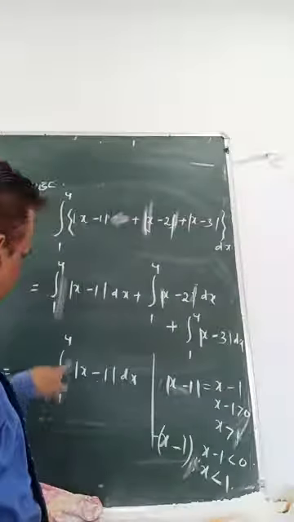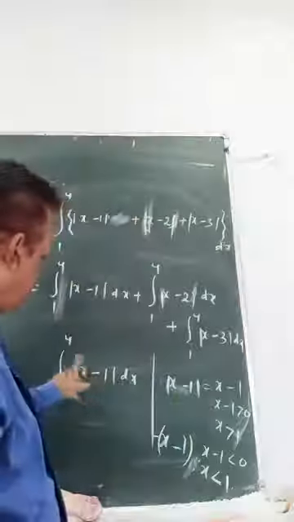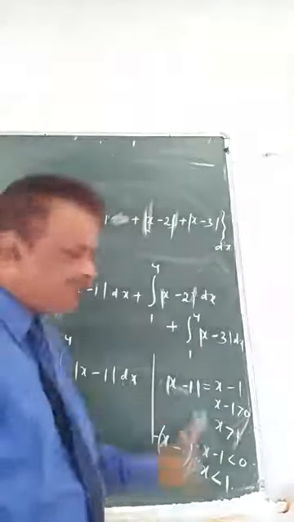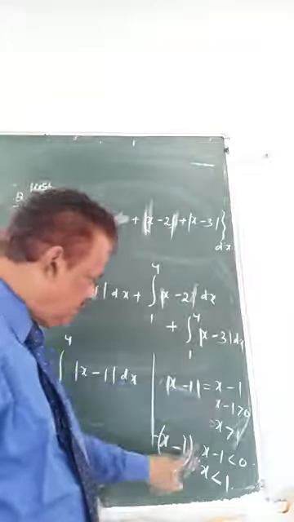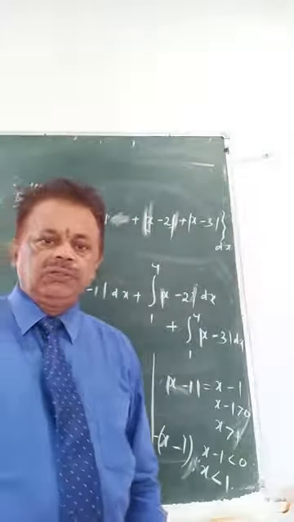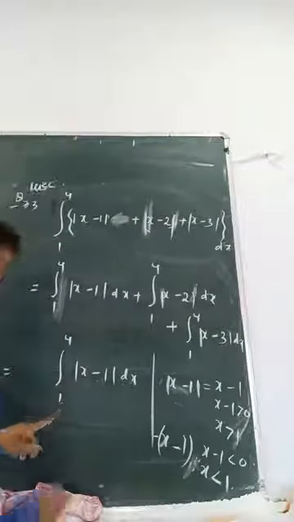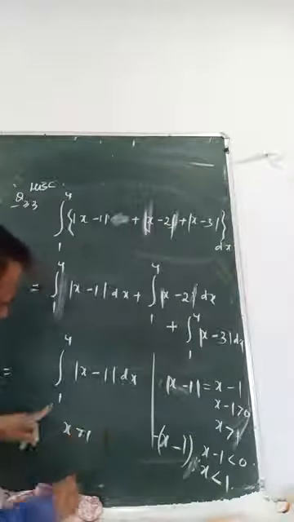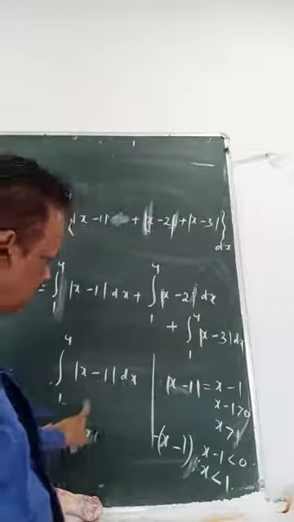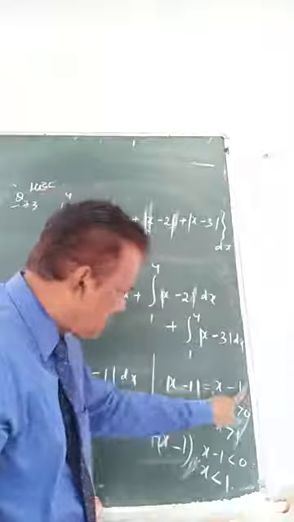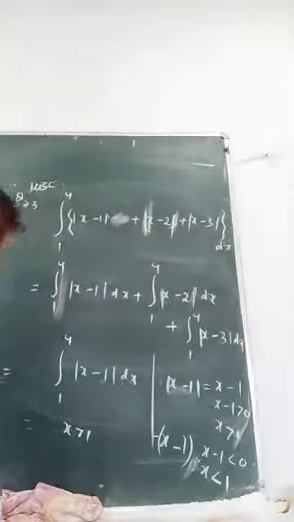But between 1 and 4 you are getting the same point 1. That means it will not have two parts, it will have only one part. One part means either this plus part or this minus part. Which one will you choose here? Now the lower limit is greater than 0. What is the meaning of this? This is x greater than 1. This you have to keep in mind. Greater than 1 means this value equals x minus 1. No second part here.